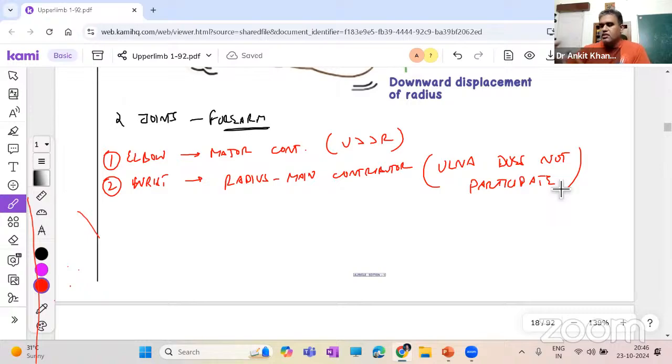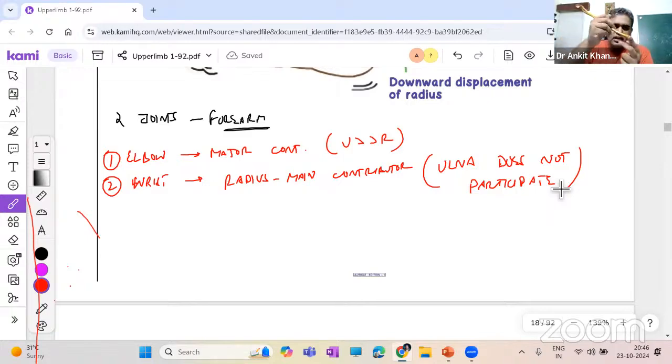And what actually happens is, as you can see, the lower end of ulna is so small, but yes, it is going to the wrist area. So it should participate, but technically it does not. What happens is that between this lower end of ulna and the carpals below, you have an articular cartilage or articular disc over here. So there is an intervening cartilage.